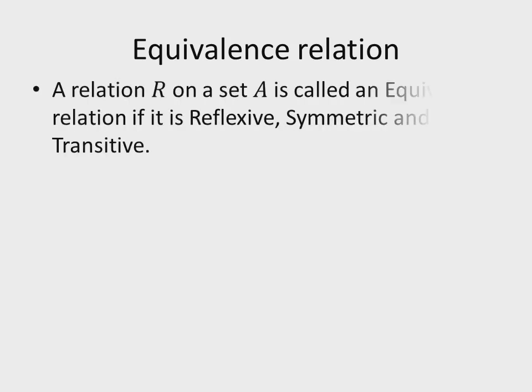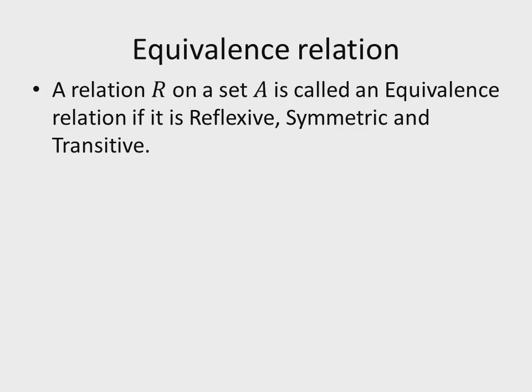You can have more examples on this, but first one more definition I shall give to you, and that is the equivalence relation. A relation R on a set A is called an equivalence relation if it is reflexive, symmetric and transitive.